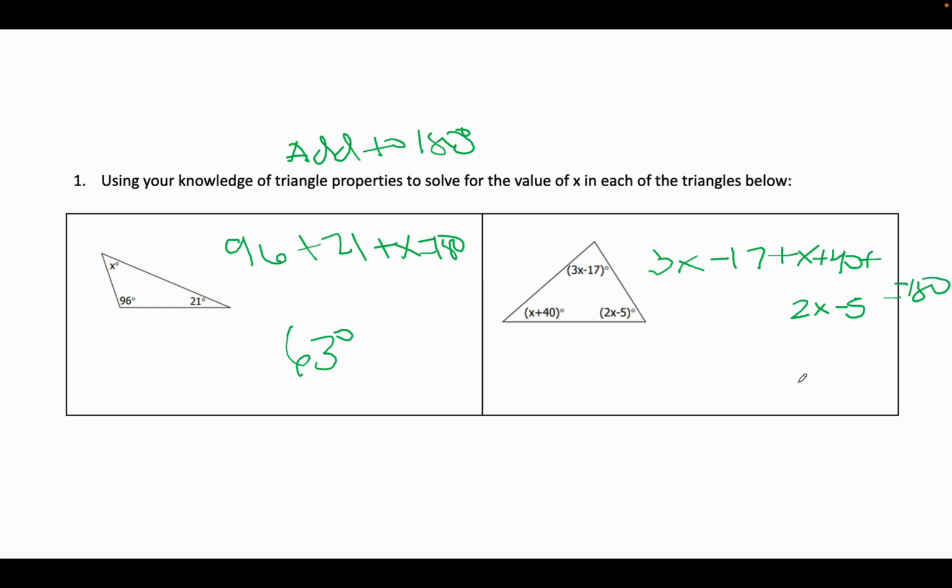Plug that into Desmos to get your x value, or combine like terms and solve for x. I'm not going to go through that process because the hardest part is getting if it sets up to equal 180 or if it is congruent to each other. If you got to this place right here, I believe you would get the majority of the credit that you need. And then if you plugged in from Desmos to get whatever x is, you should be good.